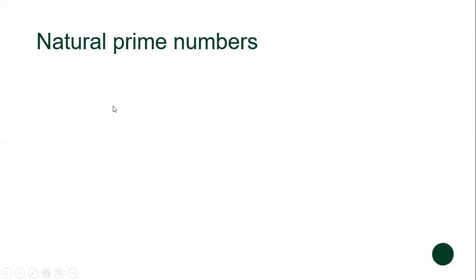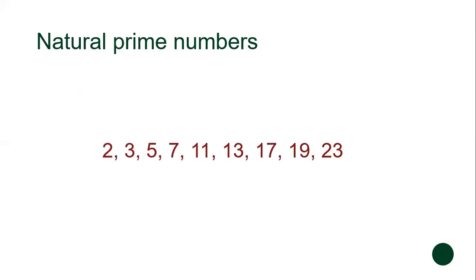Natural prime numbers are those that have only two factors, 1 and the number. Examples of natural prime numbers are 2, 3, 5, 7, 11, 13, 17, 19, and 23. Those are natural prime numbers that have only two factors, 1 and the number itself.